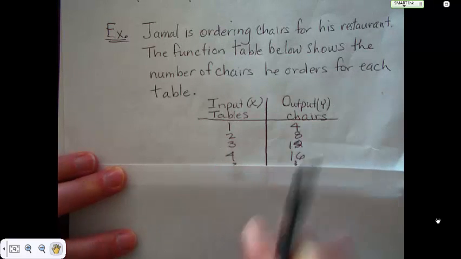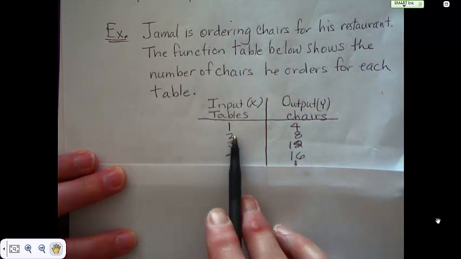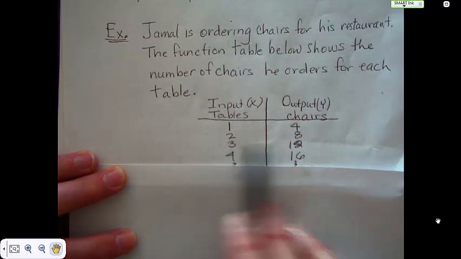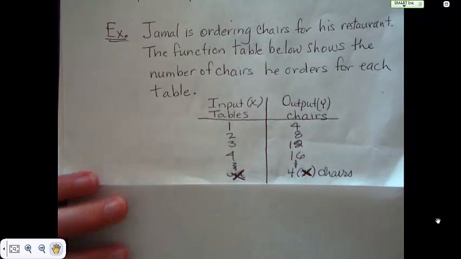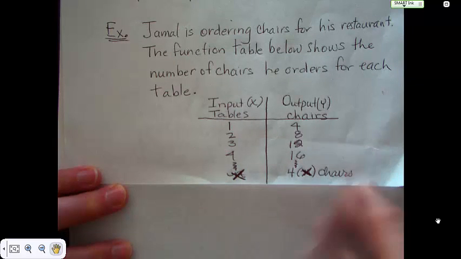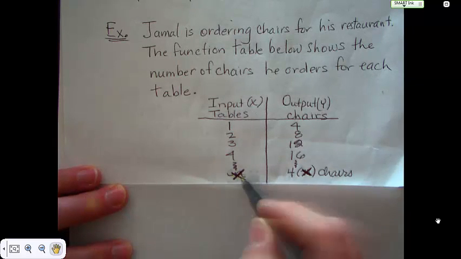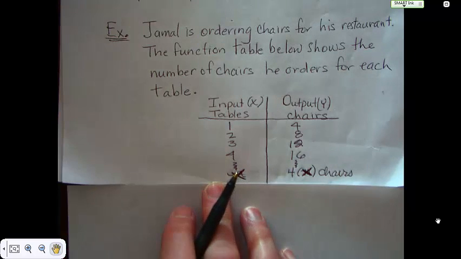The relationship is for every table, you multiply by 4. 2 tables, you're going to have 8 chairs. 3 tables, you have 12. 4 tables, you have 16. And of course, if you're looking at the rule, you're looking at the function. If you have x tables, you have 4 times x chairs. So, let's look a little further into these functions.